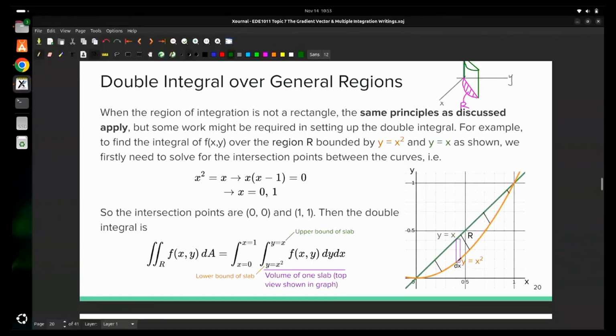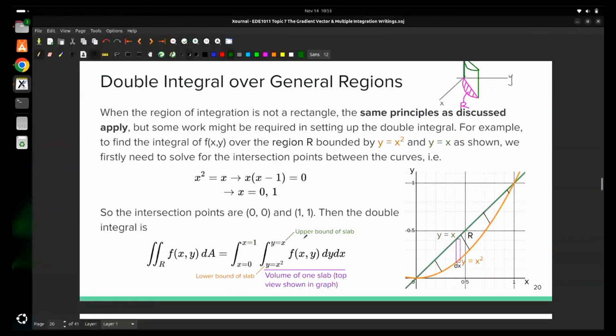You must go from y equals x squared all the way to y equals x. Correct or not? Integrate from y equals x squared to y equals x. You can see the lower limit is x squared, the upper limit is x, and you are integrating with respect to y. So therefore, what we say here is that you are using the vertical slab or vertical element.